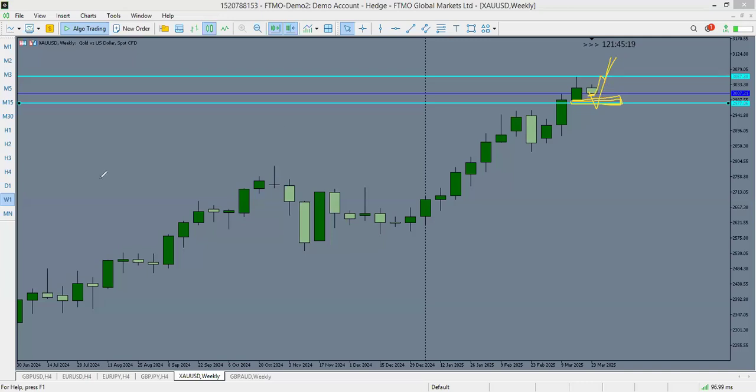Or it can give us another bearish candle here. Once it breaks last week's low, we'll look for it to pull back up, and then we'll go down maybe to these lows here.